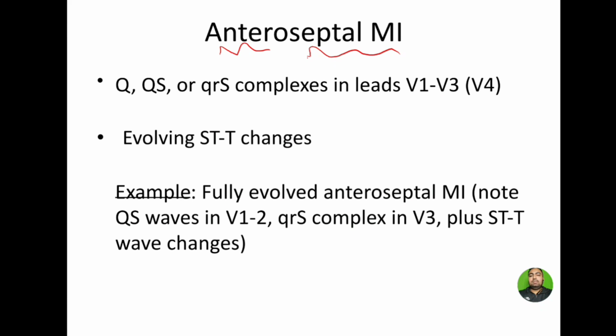Whenever the septum is involved, it shows ST segment elevation in leads V1 and V2, and if it is involving the anterior side of the heart, it shows ST segment elevation in V3 and V4. So there should be ST segment elevation in V1, V2, V3 plus or minus V4.